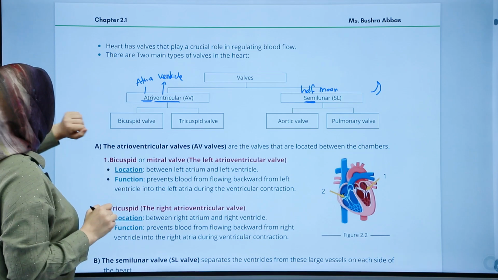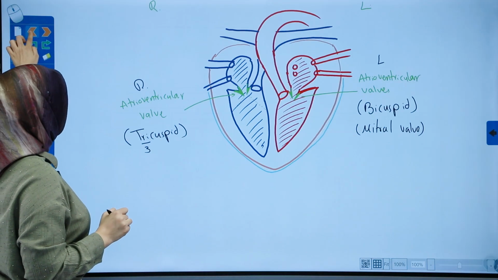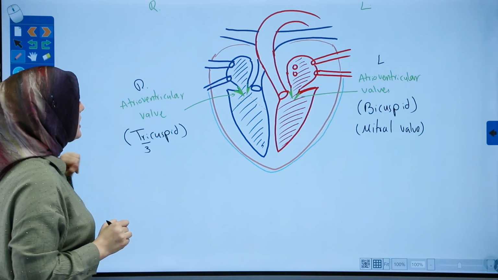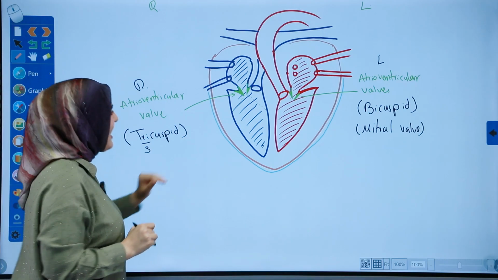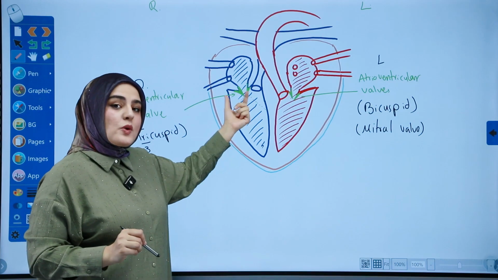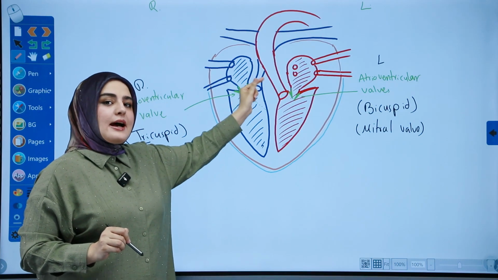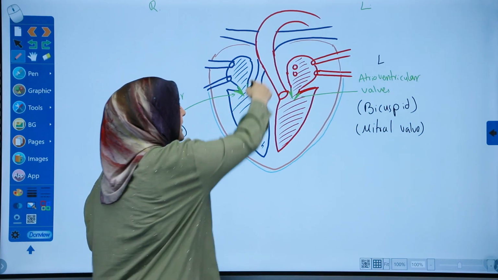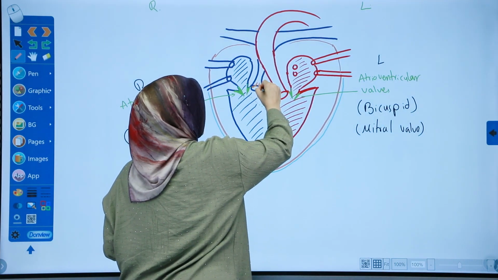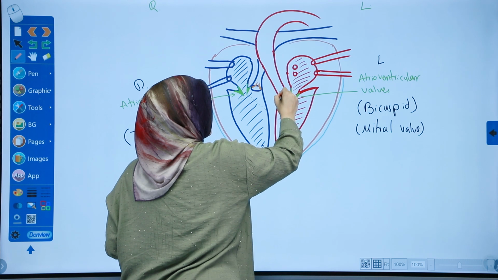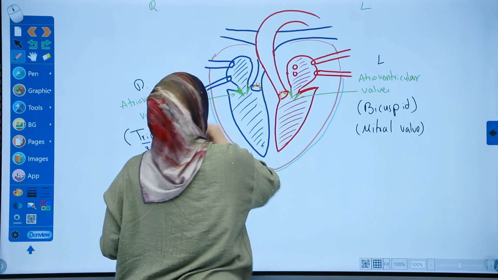Let's go back to our drawing. There we go. Our drawing says here that they are located between the ventricles and the artery. Artery as a vessel, okay? Here. There we go. These are semilunar. What is this?